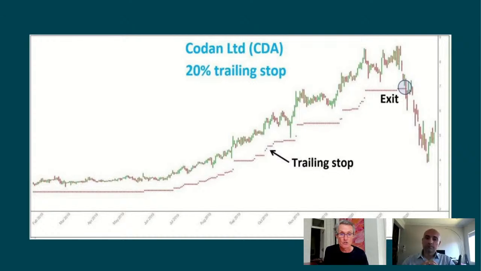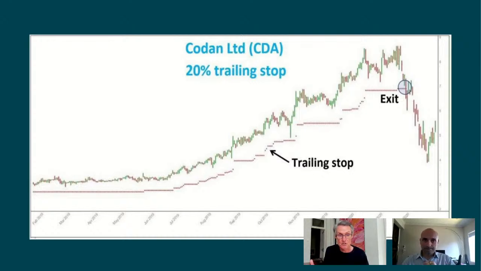Then you get a period where the trade moves sideways, and you can see the trailing stop moves sideways as well because there's been no new high registered. A new high is registered and the trailing stop jumps up again. So a really easy one to calculate, a really easy one to apply. Ultimately, the stock will come back and trigger the stop, and that's the end of the trade.